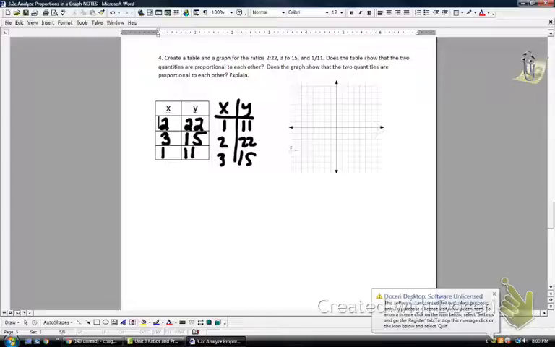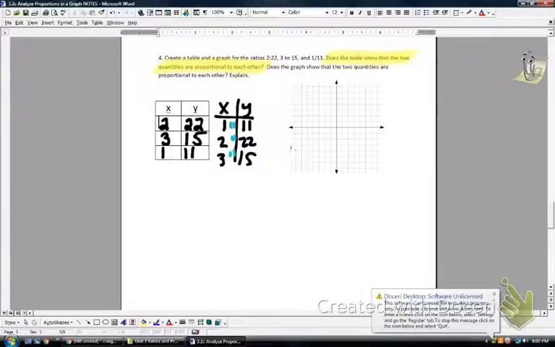Before I graph it though, let's look at this first part of this question. It says, does the table show that the two quantities are proportional to each other? I can check that by looking at my K, my constant of proportionality. 1 times 11 is 11. 2 times 11 is 22.